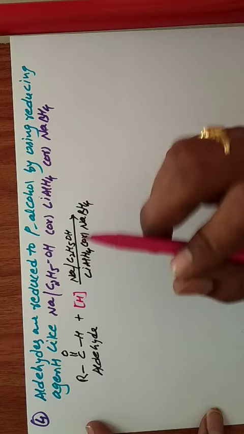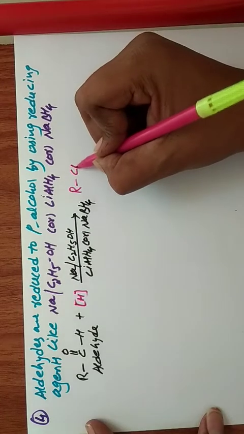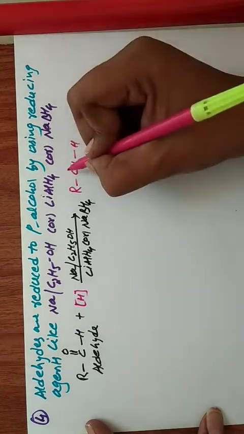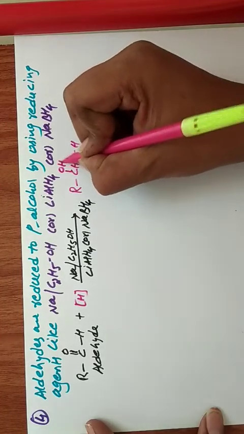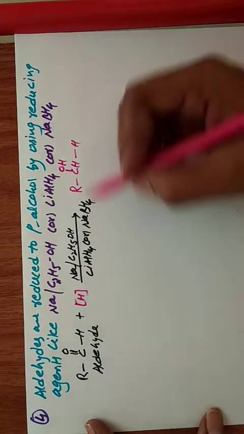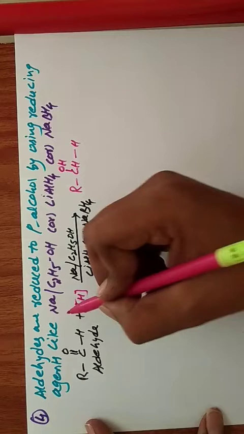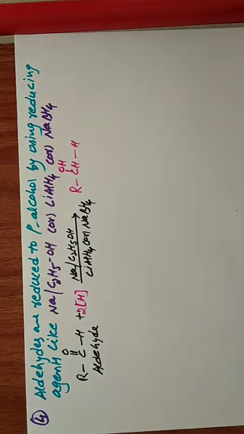Same principle: here this pi bond will be removed, and one hydrogen atom is attached at each end. What product do we get? R bond CH, already hydrogen is there, bond OH. We get this product. Here, how many hydrogen atoms are required? So this is the molecule.